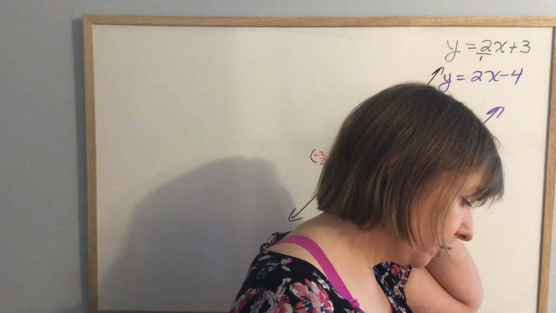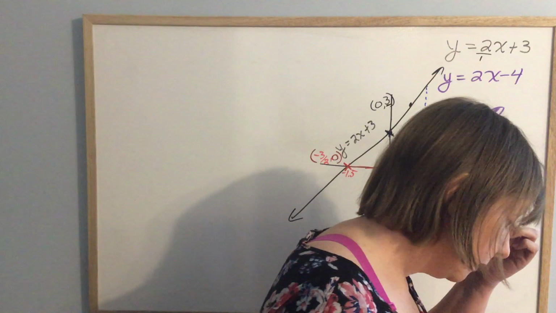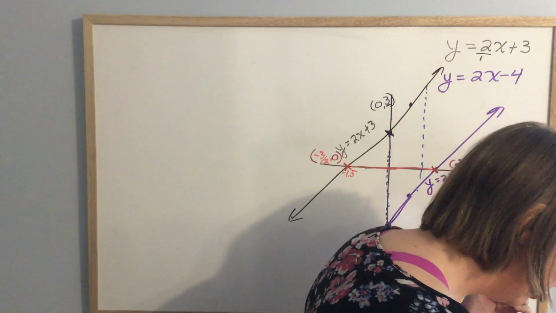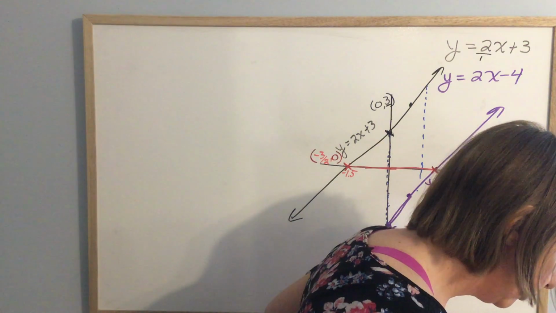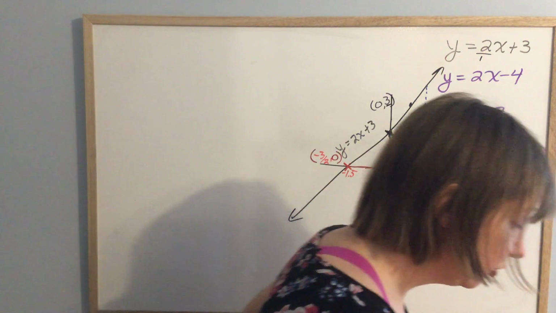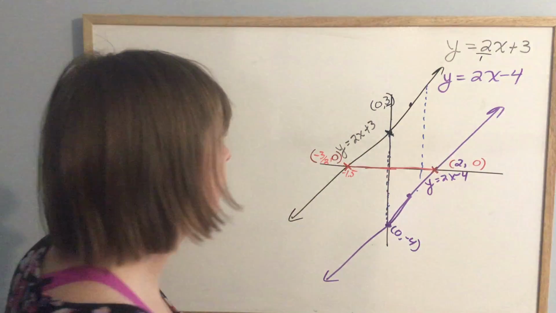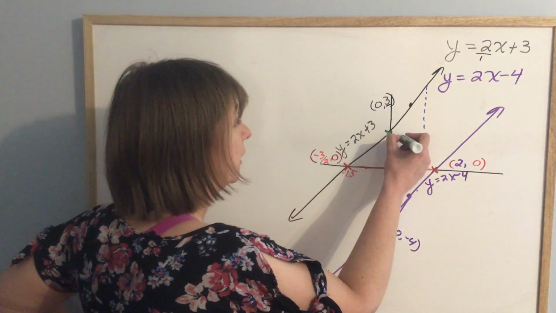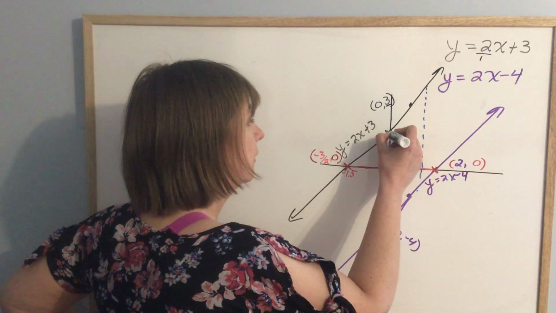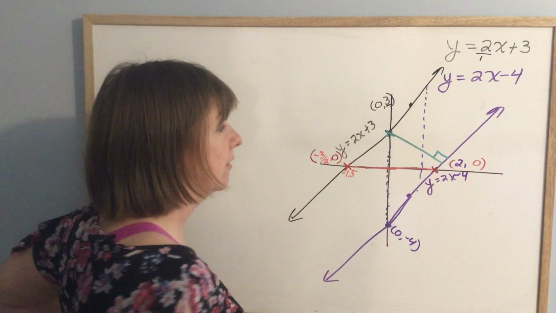In the textbook, they choose, oh, no, they choose to use this point. So they say if from this point I draw a perpendicular line to here, how long is that line?